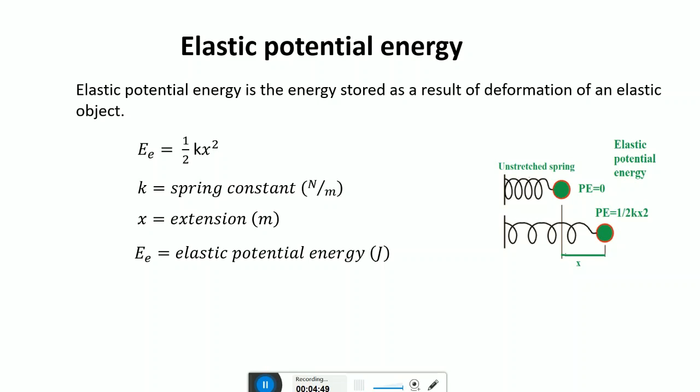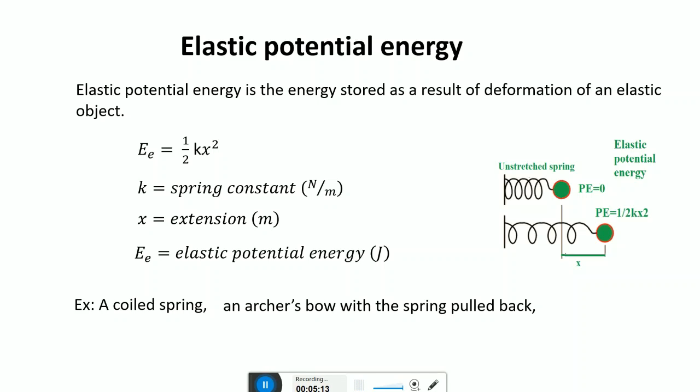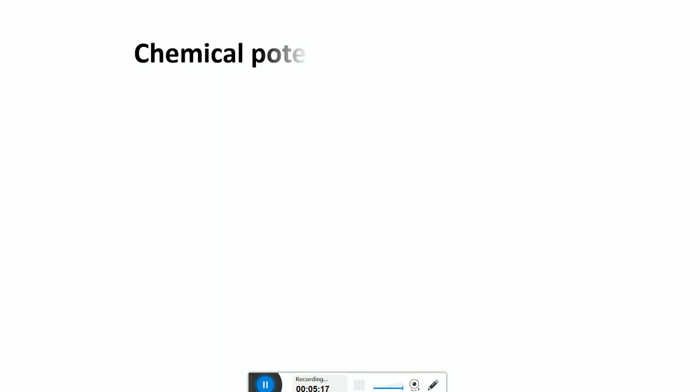The figure shows the position of an unstretched spring, where potential energy is equal to 0, and a stretched spring, where potential energy is 1/2 kx squared. Examples of elastic potential energy are a coiled spring, a stretched rubber band, etc.